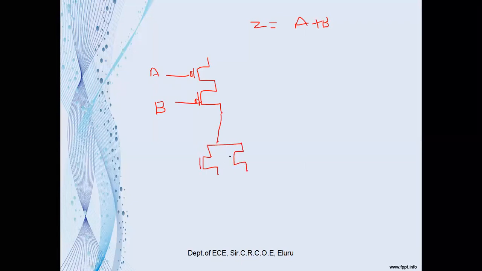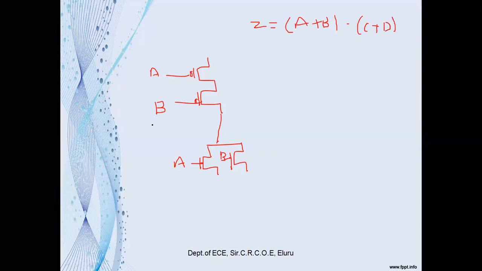So let's take A and let's take B. This is for the first functionality, A plus B. What about the second functionality in that logic function? It is again the OR functionality, with the inputs C and D.